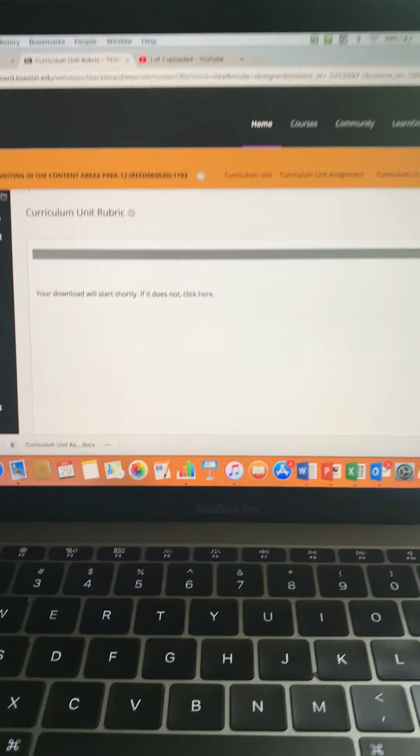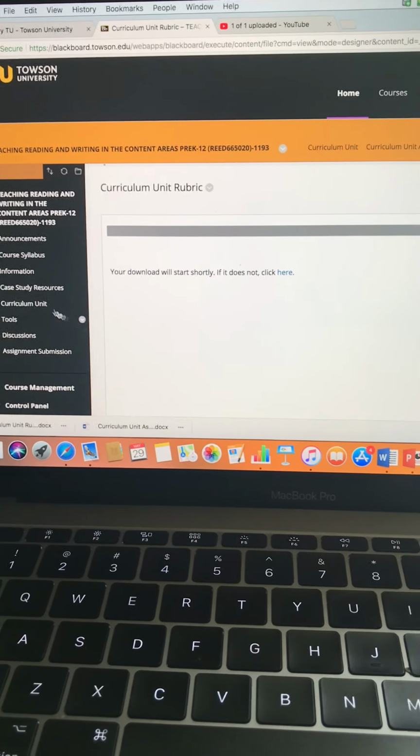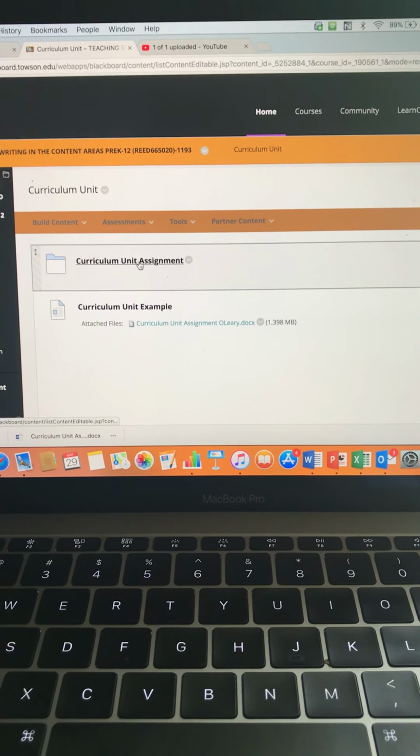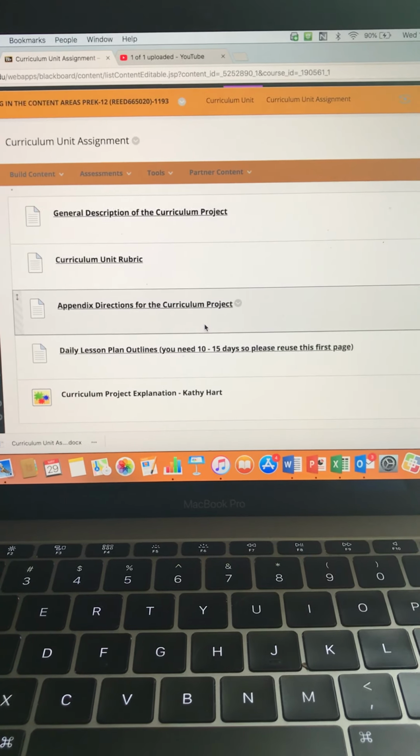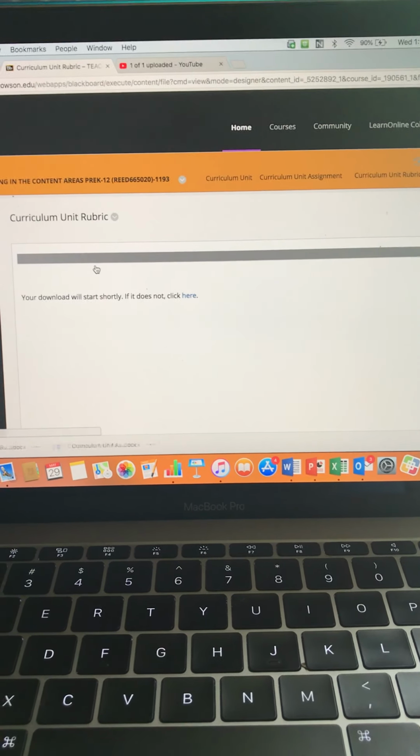Let me go back to our Blackboard site, and under the curriculum unit resources, there's your example. The rubric is here.